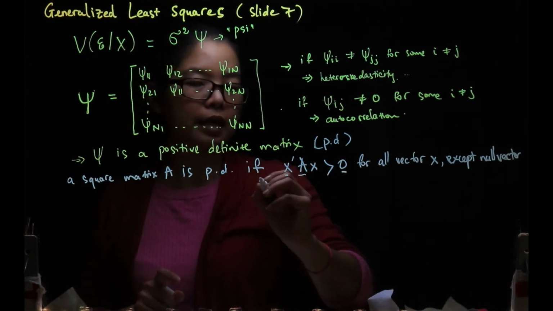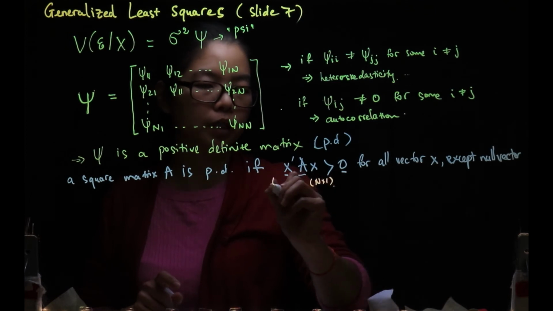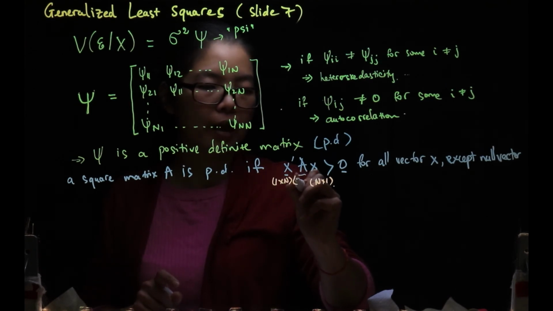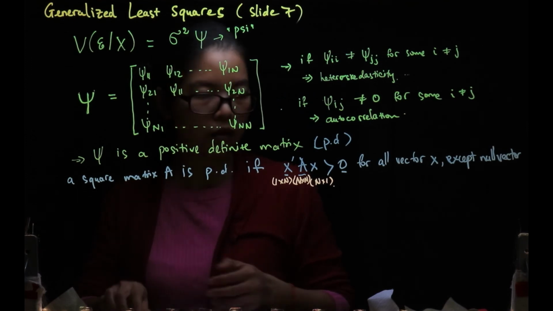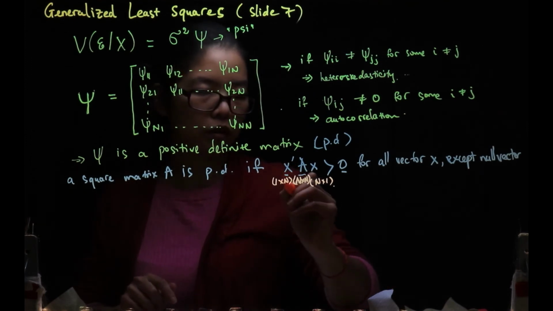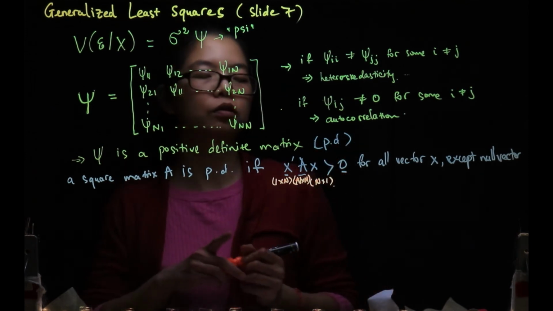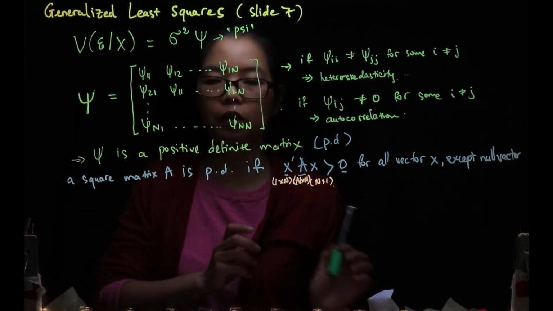Let's say x is n times 1, so x prime would be 1 times n, and in between you have A with dimension n times n. Then the n will gradually be cancelled. So at the end you have a scalar, and that scalar is larger than 0 when A is positive definite.